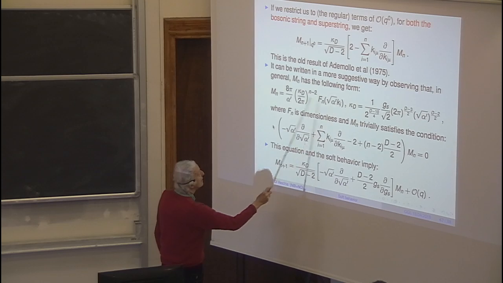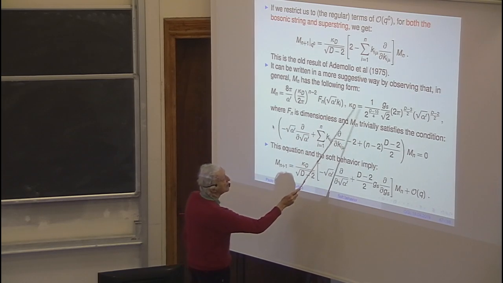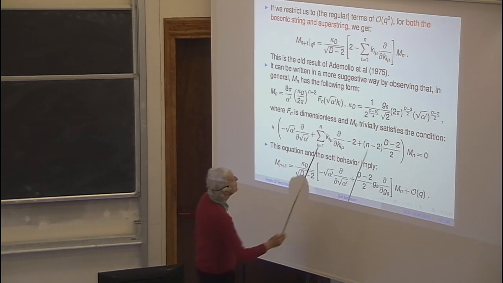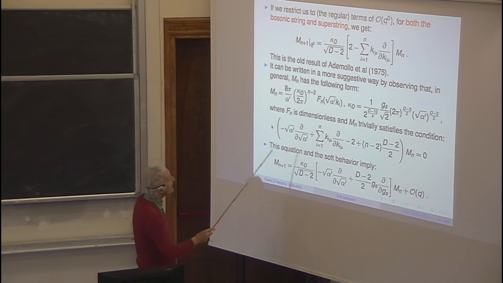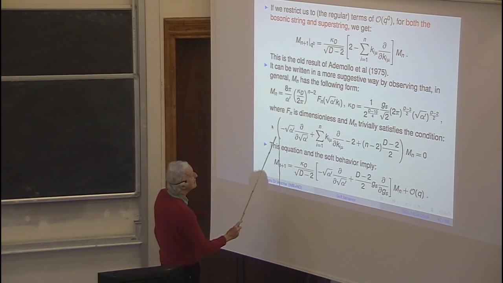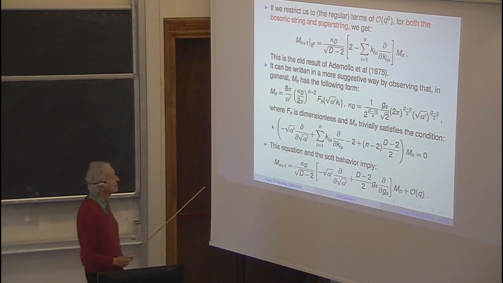And kappa d in string theory in d dimensions is given by this expression in terms of alpha prime and gs. Now, the fact that Fn is dimensionless, you can see that this equation is trivially satisfied.